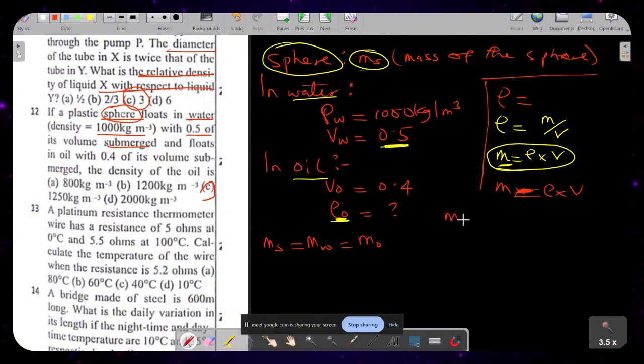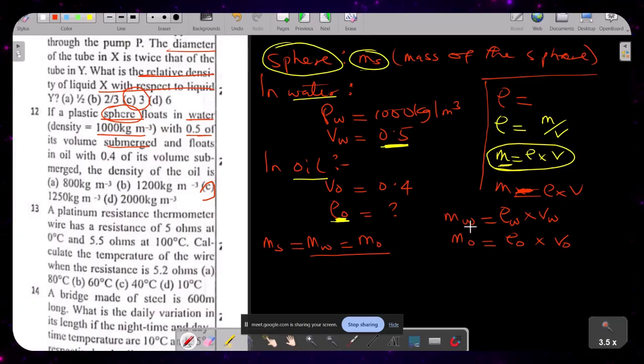So the mass of the sphere in water, mw, is equal to density times volume, which here is density of water times the volume of water. Then for the oil part, mo is density of oil times the volume of oil. Since both are the same thing, I can equate them.